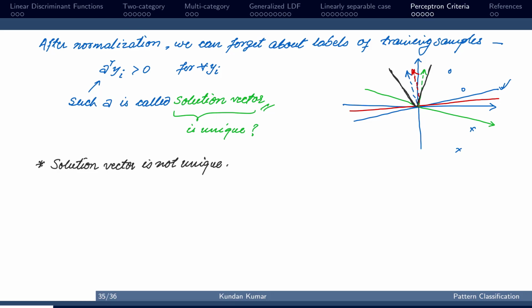Okay, so here whatever the region that we have created, that means here we have many solution vectors.